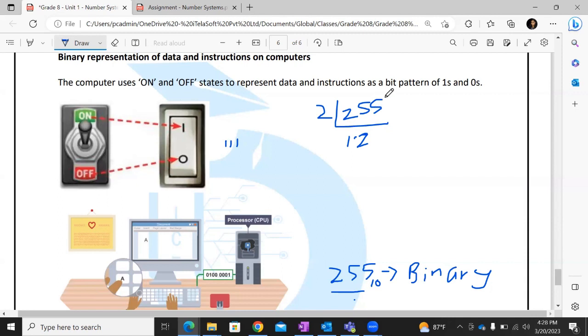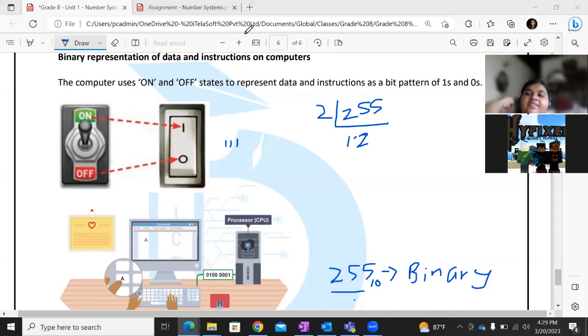So then for 15, we have to take, right? So when we are dividing 2 by 2, 1 is remaining. Then we have the 5. So 5 divided by 2, 2 is the answer and 1 is remaining. So we take that to the next one. And for 15, we are taking 7, and we have 1 remaining.